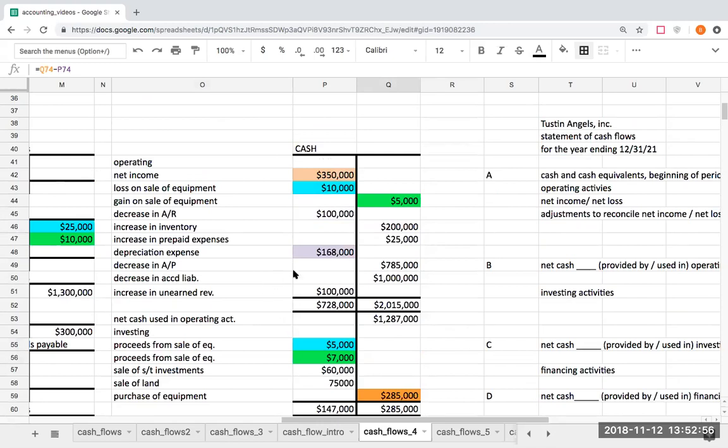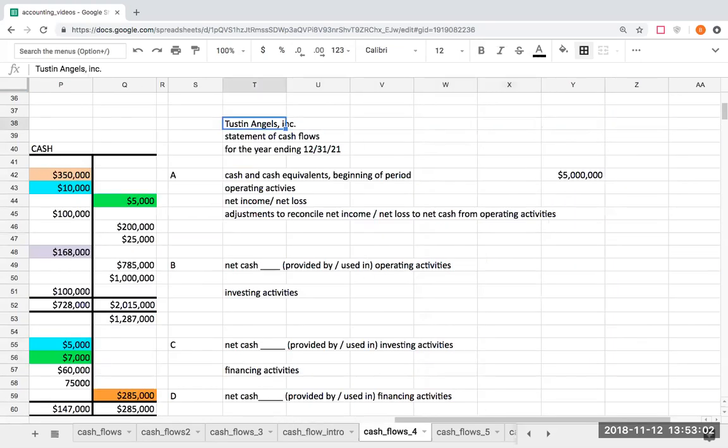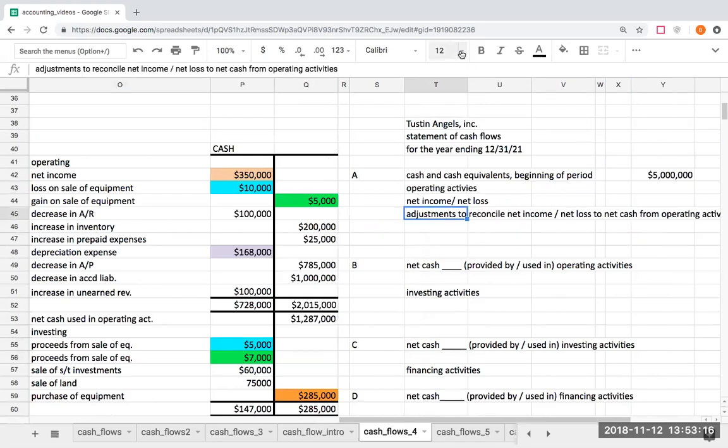Now, let's go ahead and start working on the statement. So when we're going to the statement, all we're really doing is essentially putting into proper wording the work we've been doing over here. So let's go ahead and start this up.